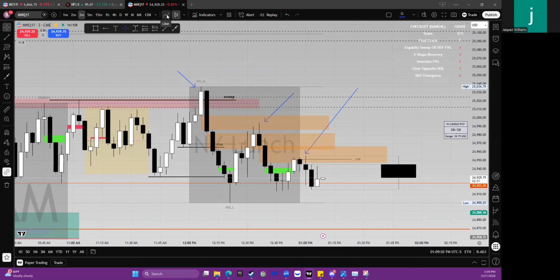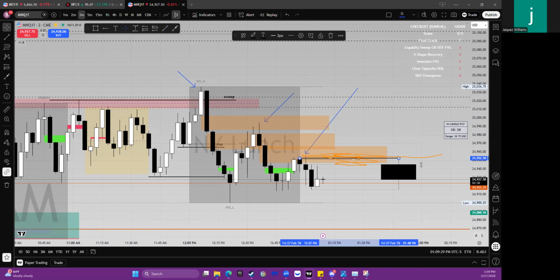It's just getting out of that unfamiliarity of not even knowing what you're looking at or what you're looking for. Like I say, if the market is to continue going lower, nothing should come higher than this point. Nothing should come higher than this over here if we are to continue going lower.